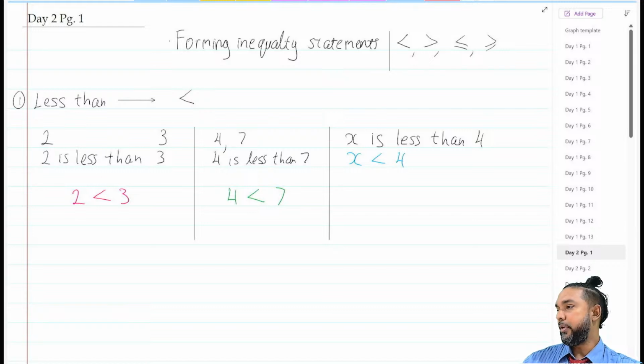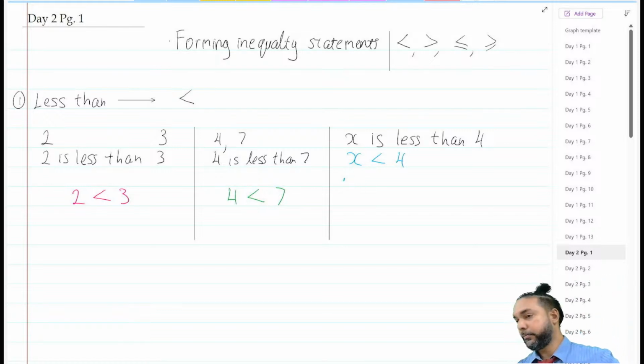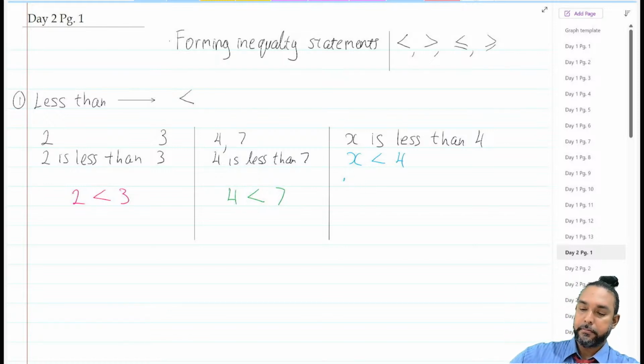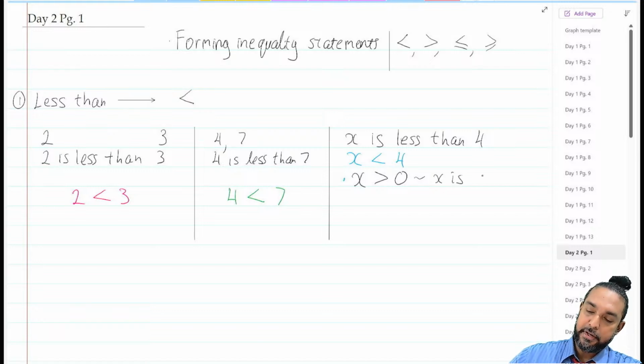And if we got some other information that x is positive, so if I said x is greater than 0, if a number is greater than 0, is it positive or negative? Positive. So x is positive.